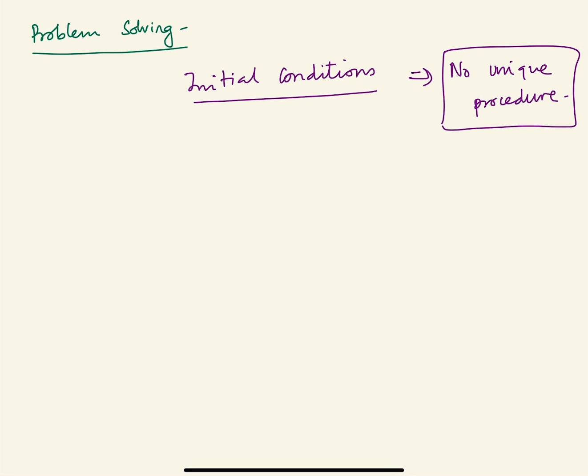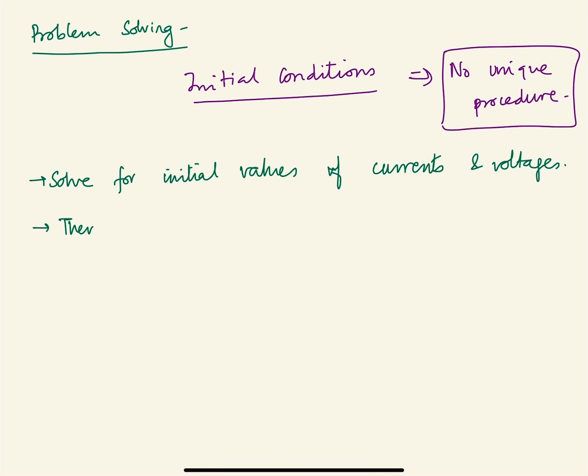So as we solve some more examples, you will see a pattern emerge, and this pattern is that we usually solve for the initial values of currents and voltages, and then proceed to solve for the derivatives.